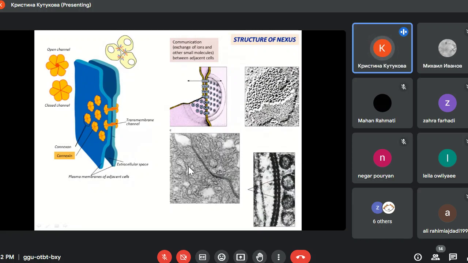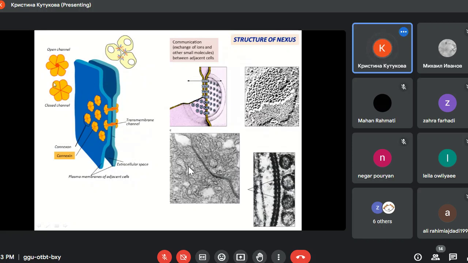Next, nexus or gap junction is for communication between the cells, and it is composed of transmembrane ion channels. Each of this channel, which is called connexon, it has two halves. One half is in the membrane of one cell and second half in the membrane of second cell.